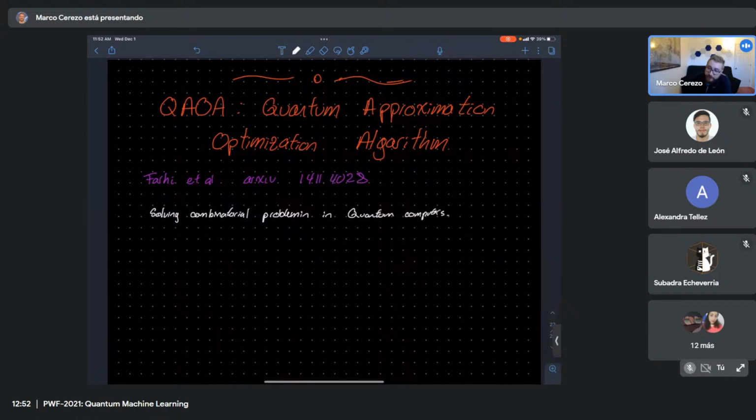So what are combinatorial problems? Well, combinatorial problems appear in problems such as logistics, supply chains, developing networks, even things like sending taxis to customers and fixing their rates.